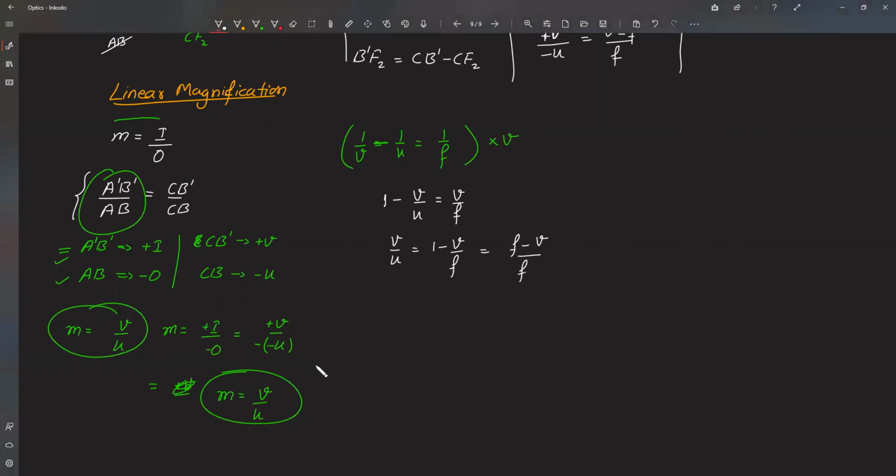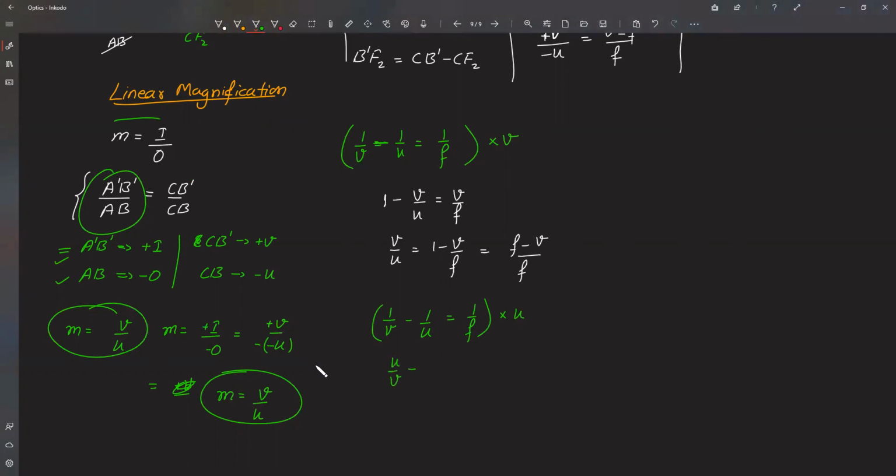Second, if the same formula, 1 by V minus 1 by U is equal to 1 by F, you multiply it by U, what will you get?